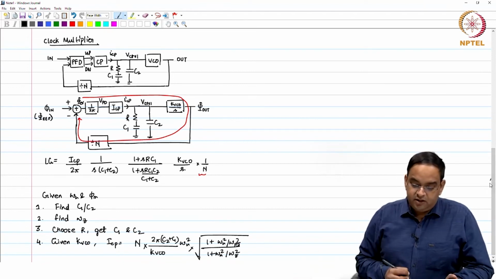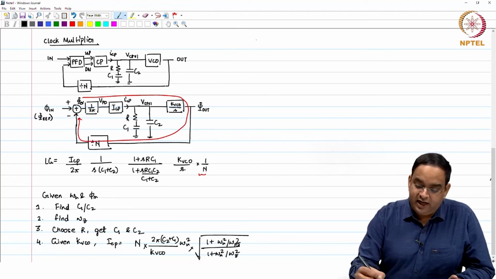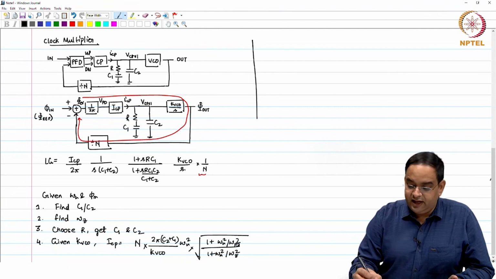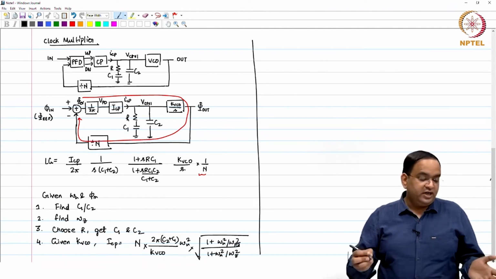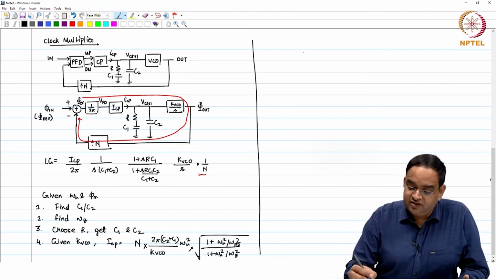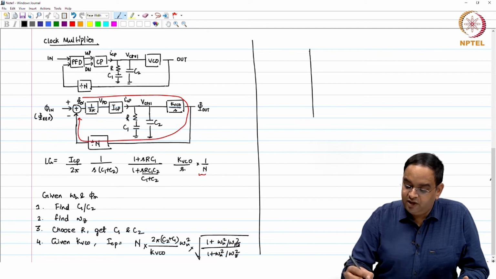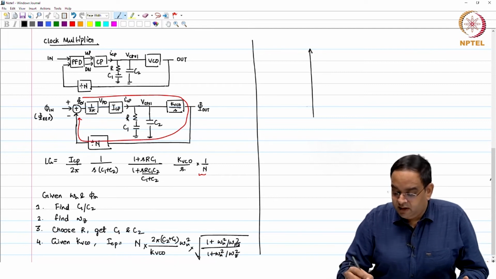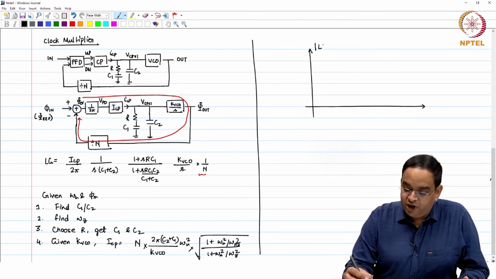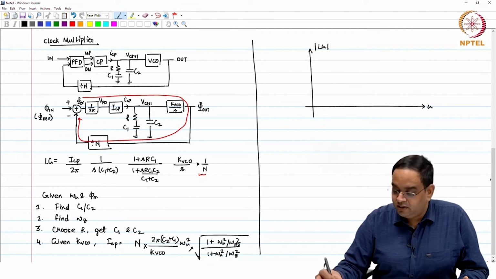So, if I design in this manner and choose certain variables, what I am assuring you is the following. You found all the parameters, you feed those parameters back into the loop gain expression and draw the Bode plot for the modulus of loop gain.